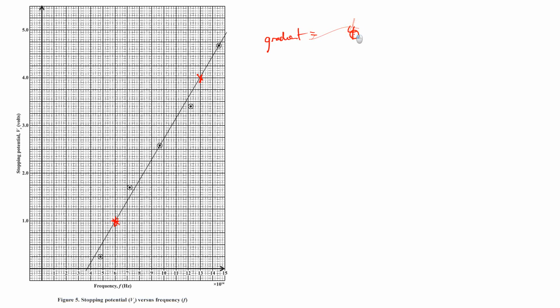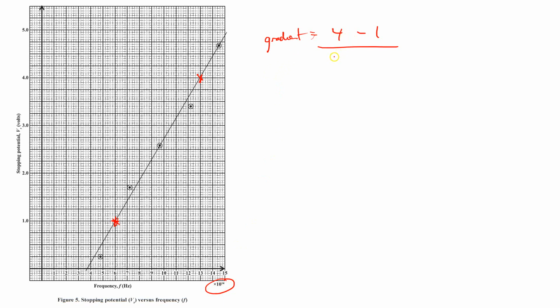So that is what? 4, well, there's no times 10 to anything. It's just 4. Let me just erase that. So 4 minus 1 divided by, and you must realize that there is a times 10 to the minus 4 down here.